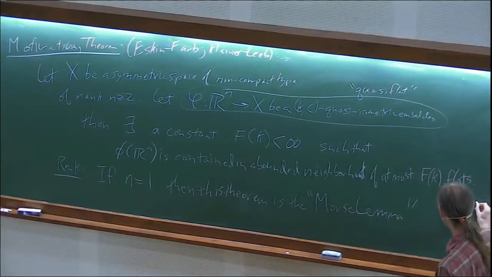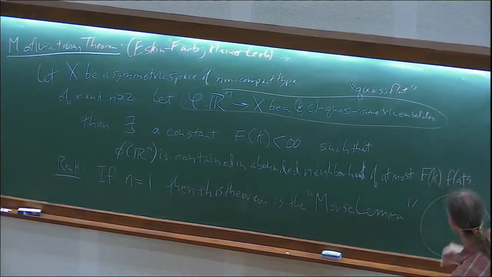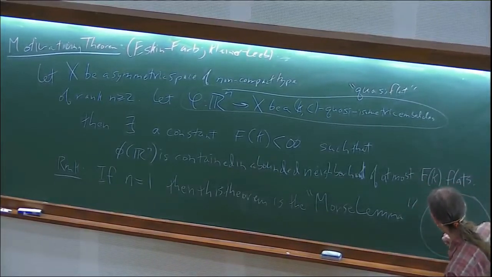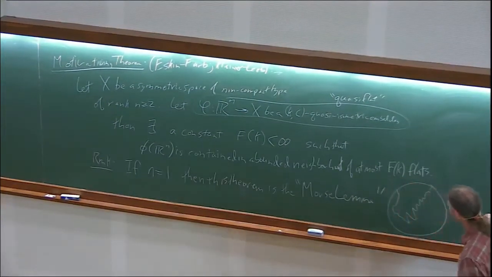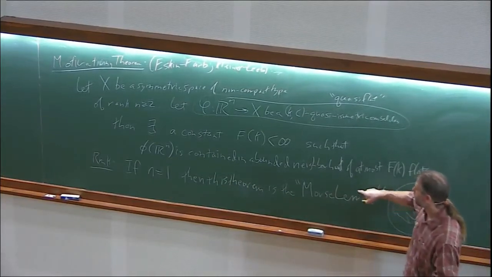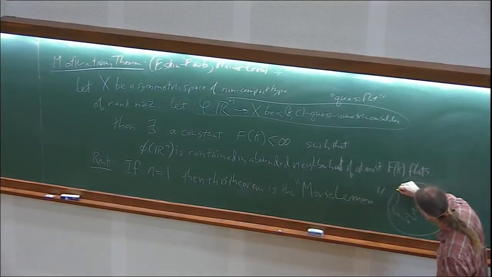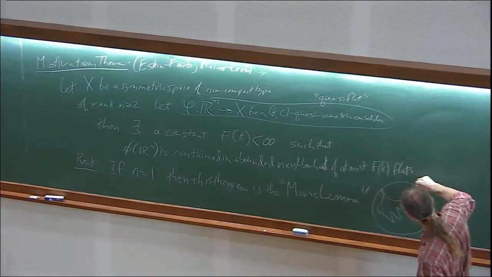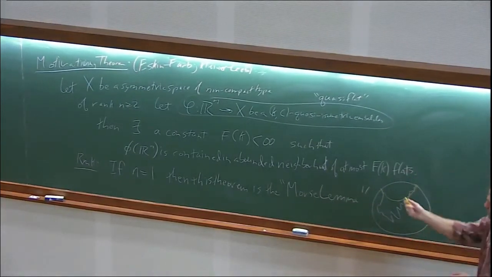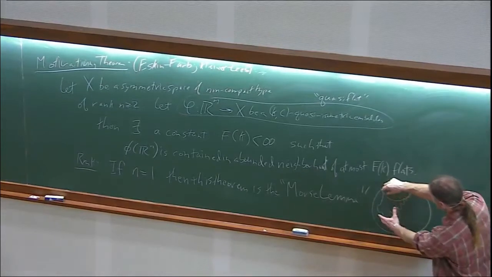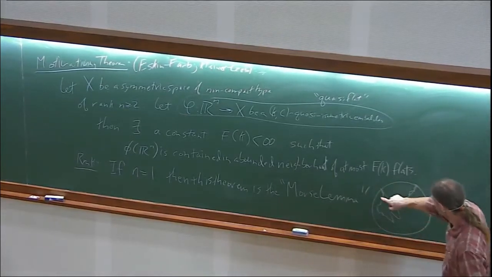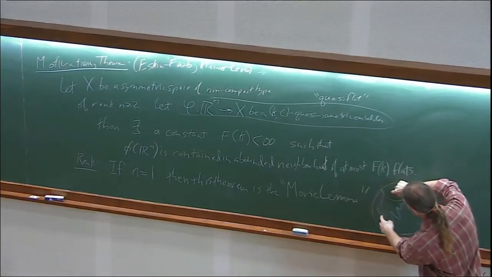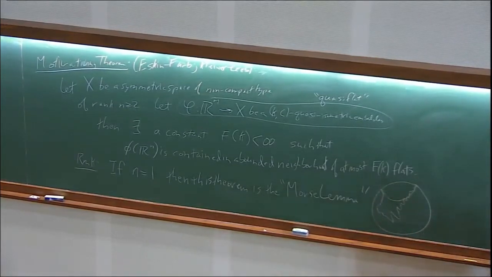And so, just to draw a picture, what does that mean? If you're in H^2 and you take some quasi-flat, which a priori is very messy, then it turns out that in the case n equals 1, this constant f is actually equal to 1, and there's some one-dimensional flat, which is just a geodesic, and the entire quasi-flat lies inside some fixed tubular neighborhood of this geodesic.